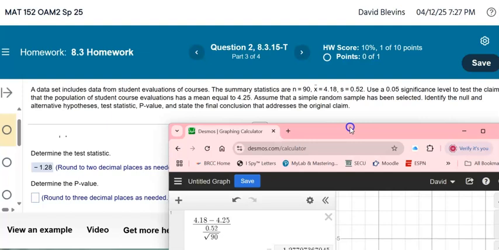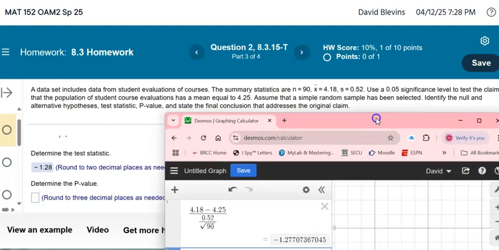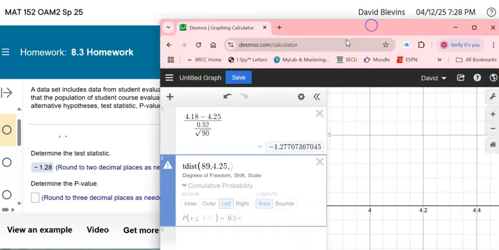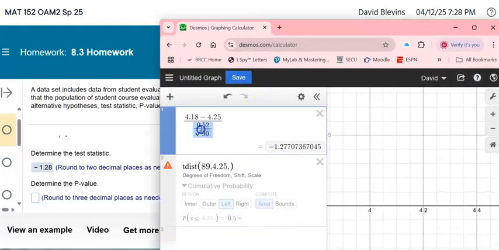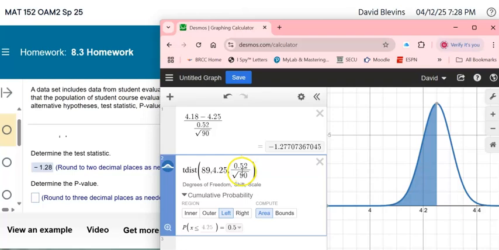So the claim population mean is 4.25, so I'll put that in there. And then the standard deviation is what we use for our scale. But remember, it's the standard deviation of the sample mean. So it's the 0.52 divided by the square root of 90. That's what I used right here in the last problem, so I'm going to just grab it and paste it in there. But you can just type that in there again if you needed to.